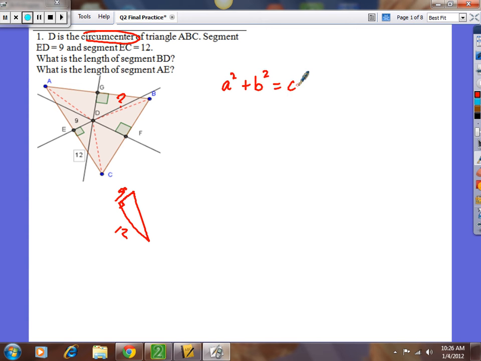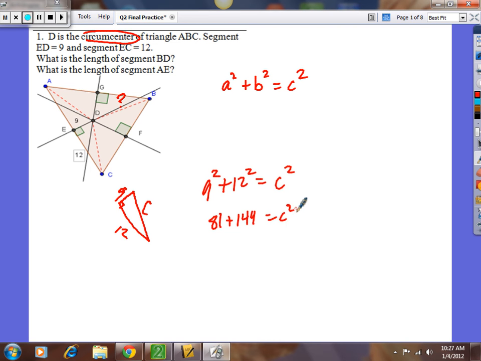So Pythagorean theorem, a squared plus b squared equals c squared. And in this triangle, c is going to be this guy right here. So I'm going to go 9 squared plus 12 squared equals c squared. 81 plus 144 equals c squared.